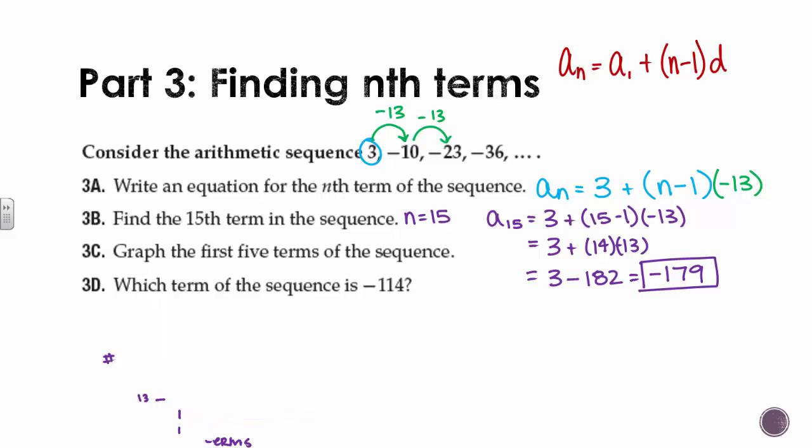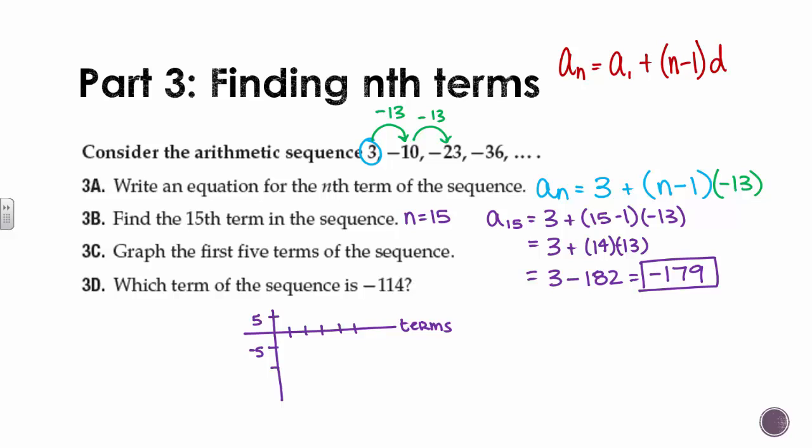Oh, we gotta change this because it's negative. One, two, three, 4, 5. So these are terms. Actually, I'm going to count by 5s.